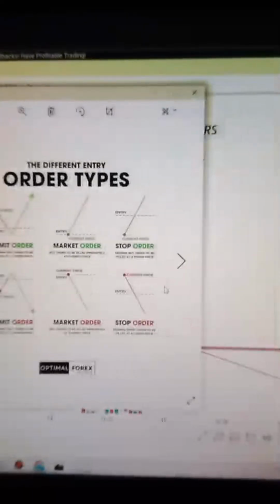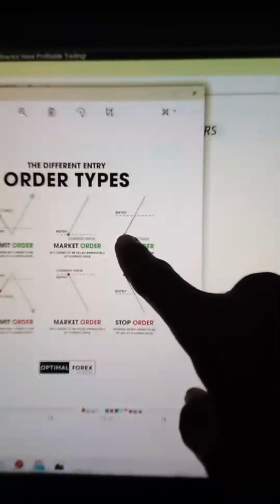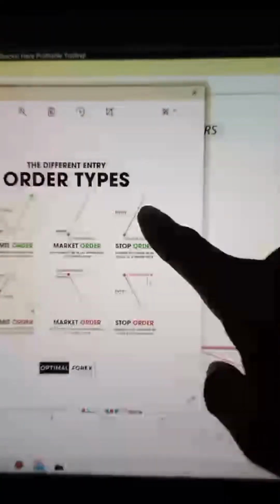This one now is called a buy stop order. What does it mean? It means this is where price is, and you anticipate that price will be going up. So you place your buy stop above the current price, so that once price gets there, it triggers for you and continues going up.